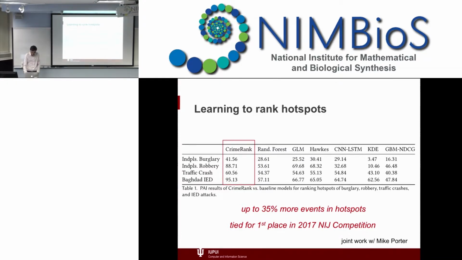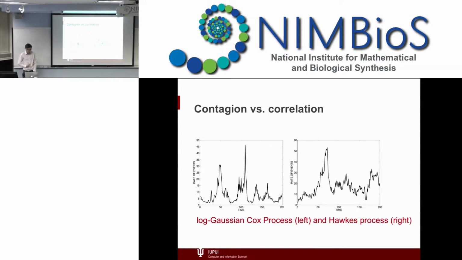So I'm going to end this section on ranking with this slide. I'll point out Charles Loeffler in the audience. His team tied with us, I think, for first place in this competition, not using self-exciting point processes, but using log Gaussian Cox processes.